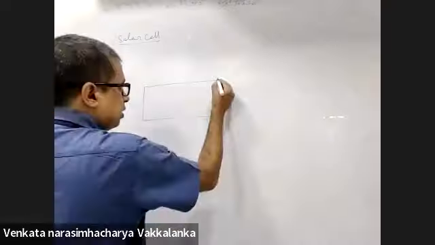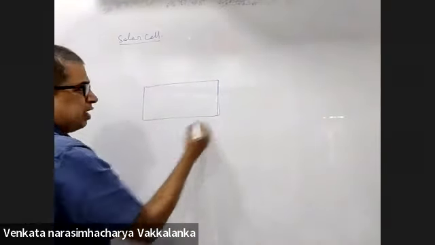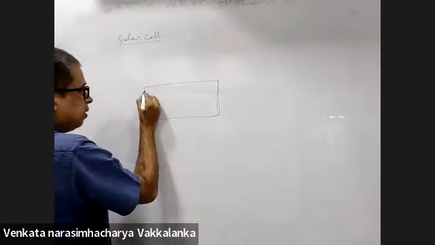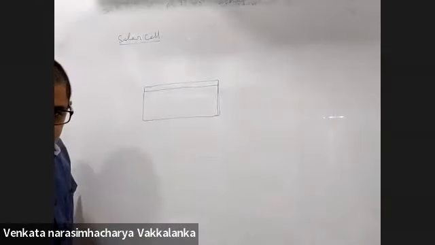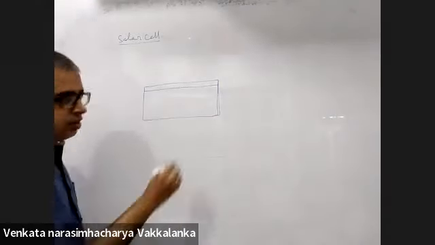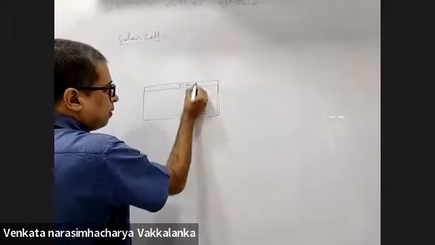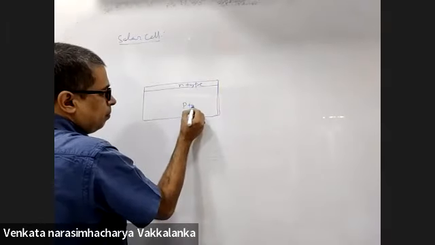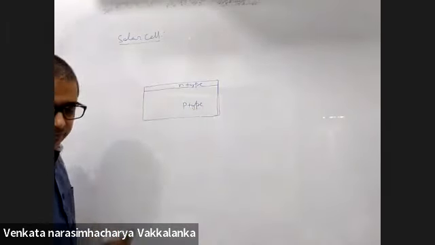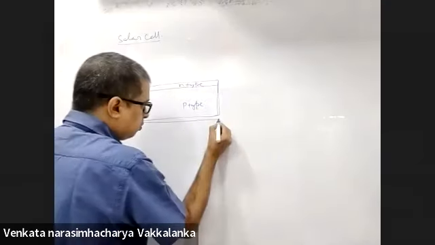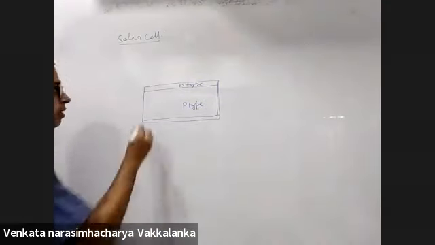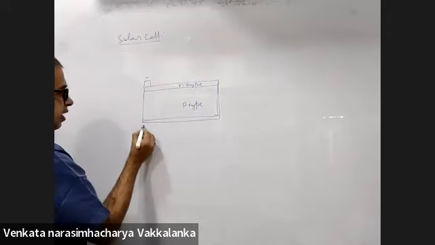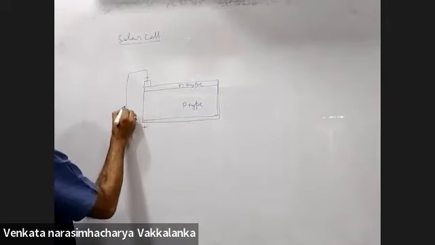Remember the diagram properly; other than that there is nothing special in the solar cell. In the diagram, this is the N type, this is the P type material. There will be a small attachment here. This will be negative, this will be positive.